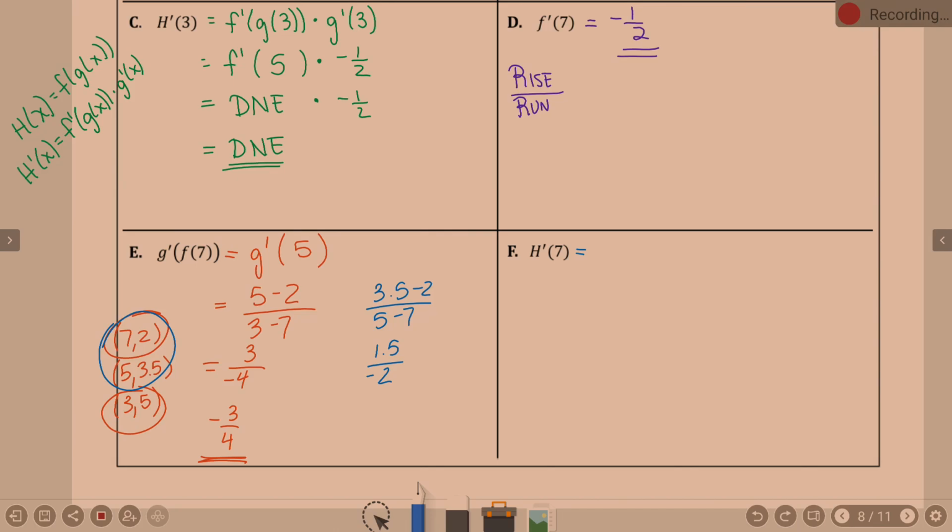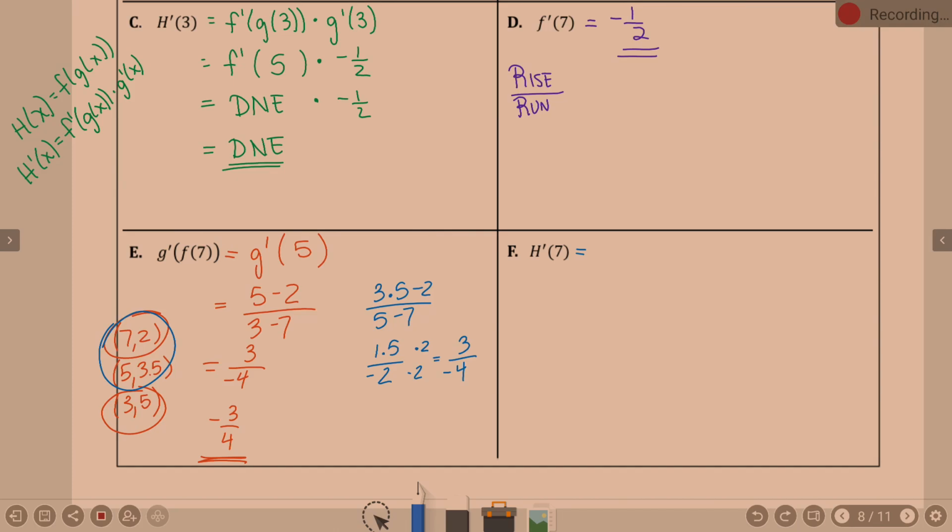Oh, it's 1.5. And then if you have 1.5 over -2, you can't leave a decimal within a fraction, right? Officially, one way you can always do is multiply by 10, and that will get your decimal out of the way. So multiply by 10 over 10. I see the shortcut though. If I take 1.5 and multiply it by 2, will that get rid of my decimal?